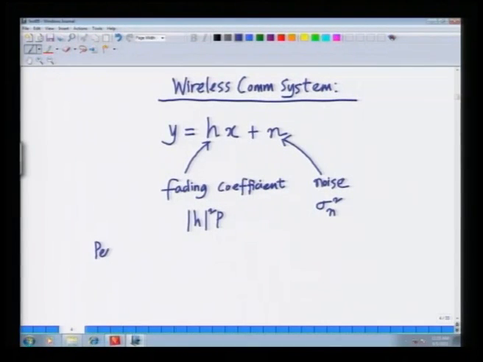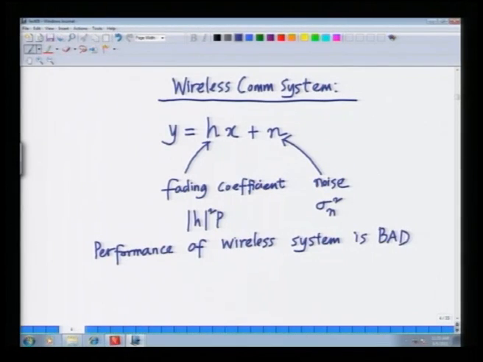So, we can say the performance of wireless system is bad or is very worse when received power is less than the noise power.